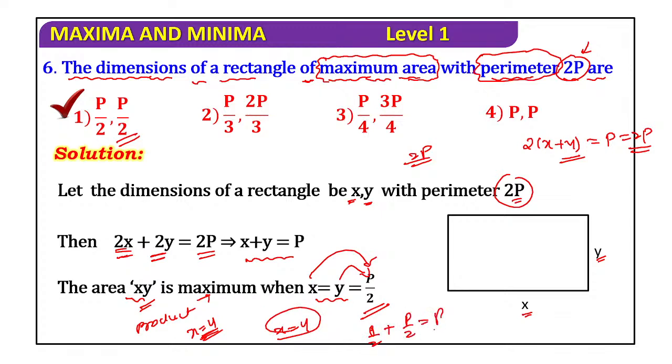If I add these two terms, you will get p. Therefore p by 2 plus p by 2 equal to p will be the right answer. I think from this you can get your answer.